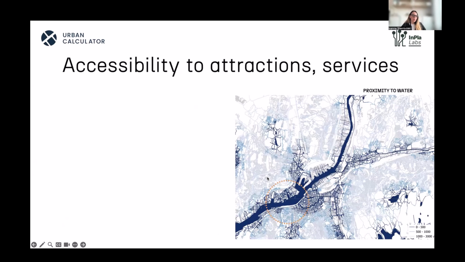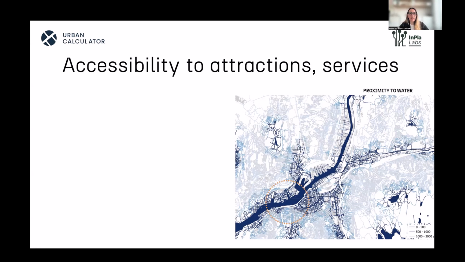The importance, we focus again on walking accessibility. This is a reason why. You see, for instance, again, an example from Gothenburg, where I have encircled this with this orange circle, where we see the river in dark blue. And then we see on one side of the river, you have streets that have direct access to the river in 500-meter walking distance or less. And then on the other side of the river, you have streets that are even further away than 1 kilometer from the river, although the river is just right by them on the side.